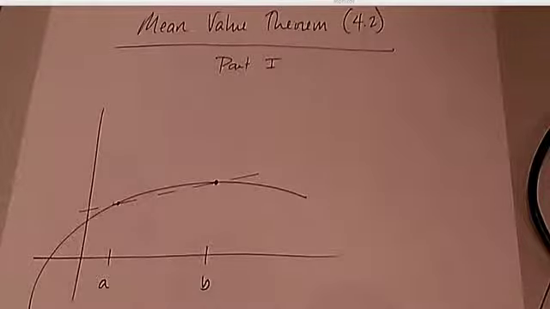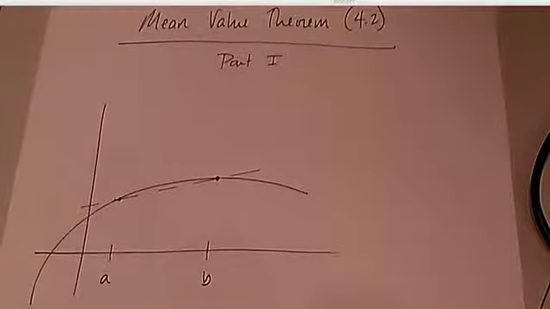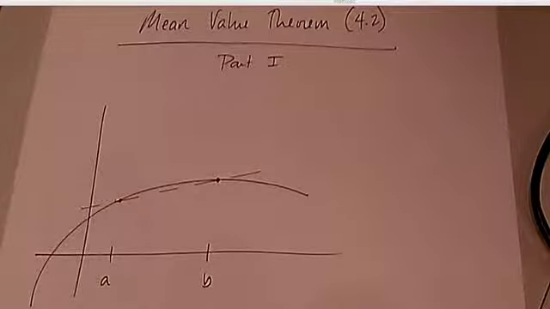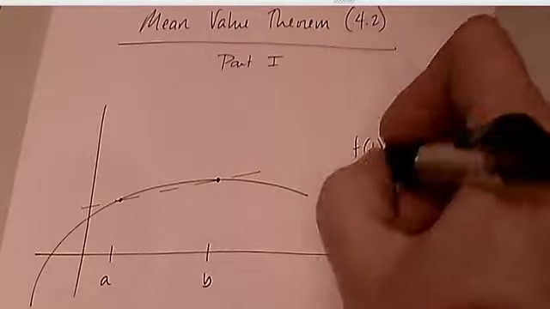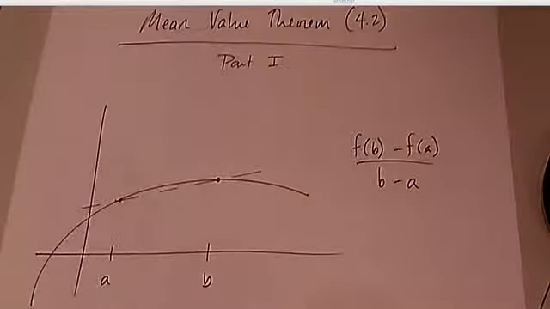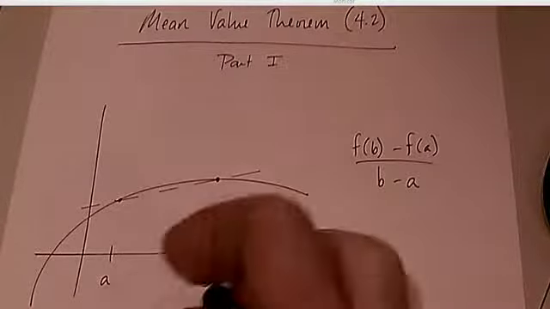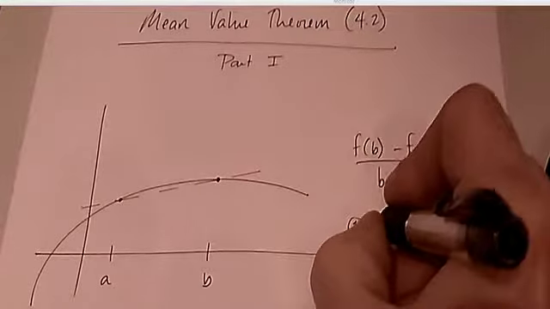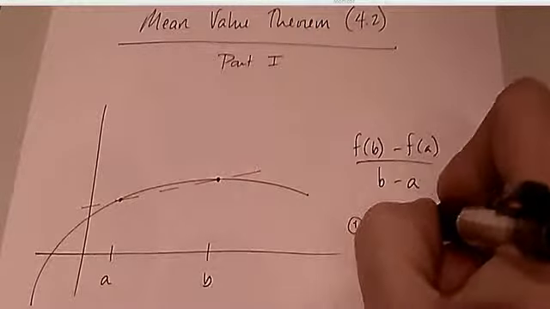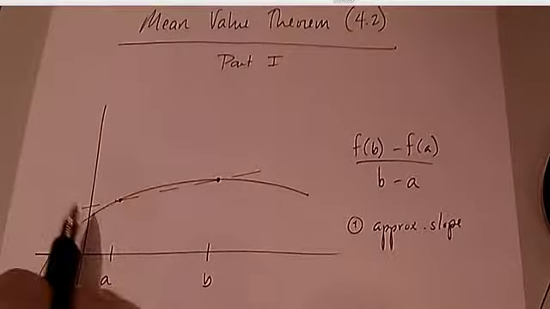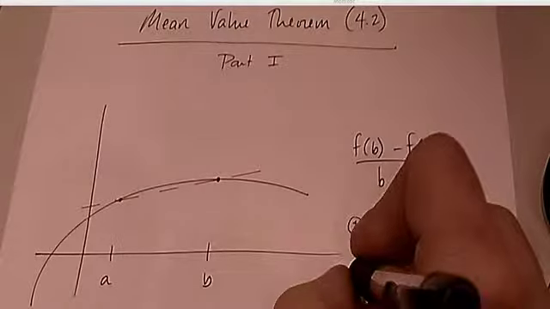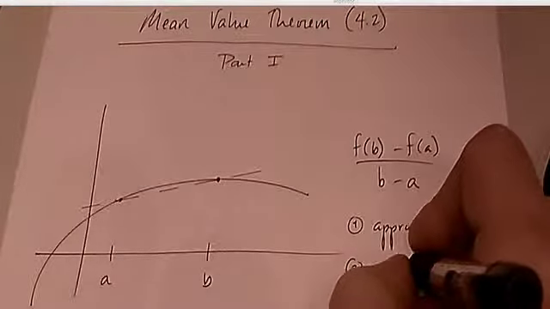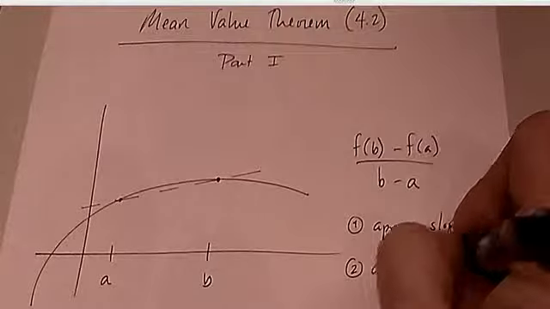Well, another thing that the secant line does for us is it gives us average slope, okay? So f of b minus f of a over b minus a, of course, winds up being the secant line, and that is going to give me either an approximate slope for either A, B, or any point in AB, but it can also give me the average slope over that interval.